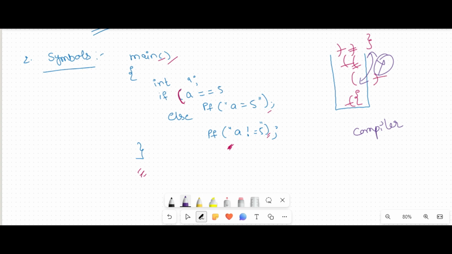For example, here you have the correct parentheses. Take the stack data structure: open parenthesis. Now a closing parenthesis occurred, and the top of the stack is an open parenthesis, so these two are balanced and you can remove them. Next, open curly brace. After that, open parenthesis, then a closing parenthesis occurs. Whenever a closing parenthesis occurs, it checks for an open parenthesis, and that will be popped from the stack.